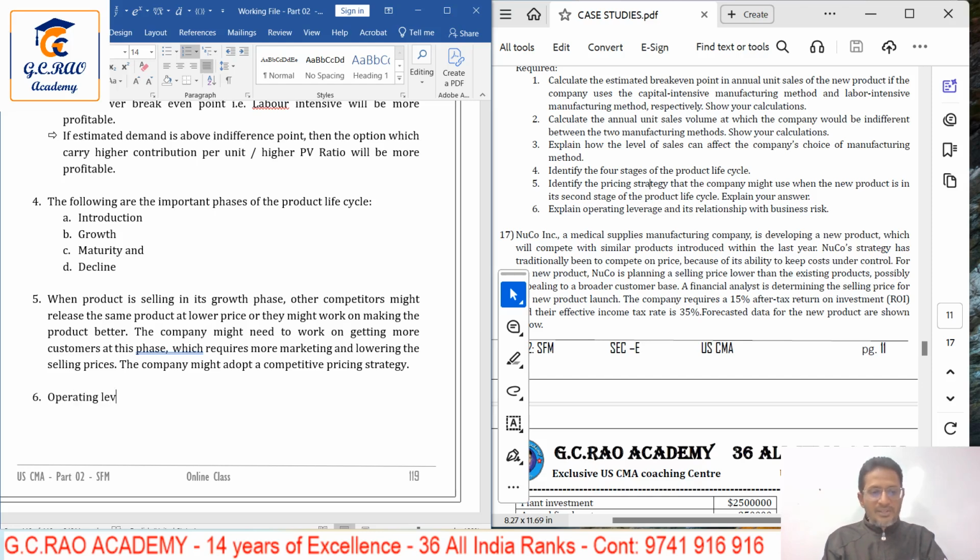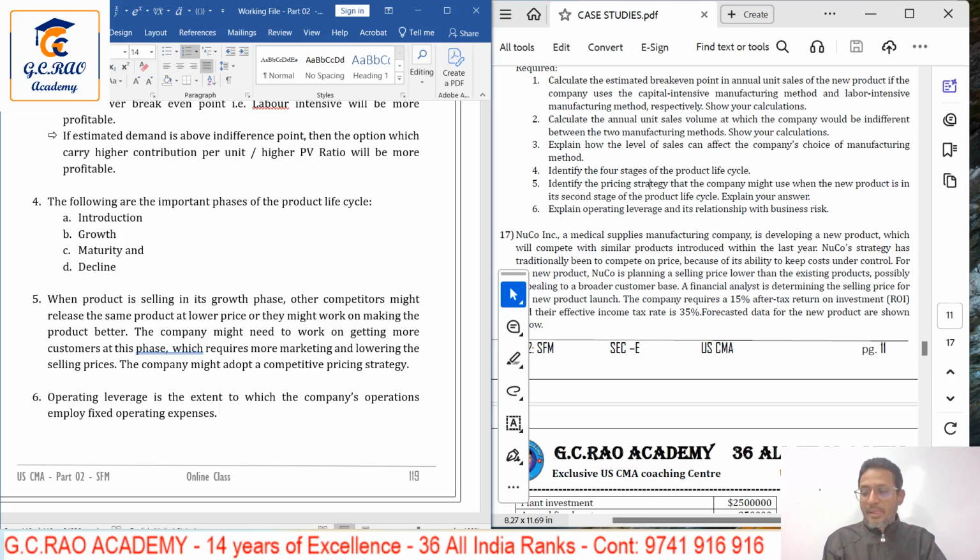Operating leverage is the extent to which the company's operations employ fixed operating expenses.